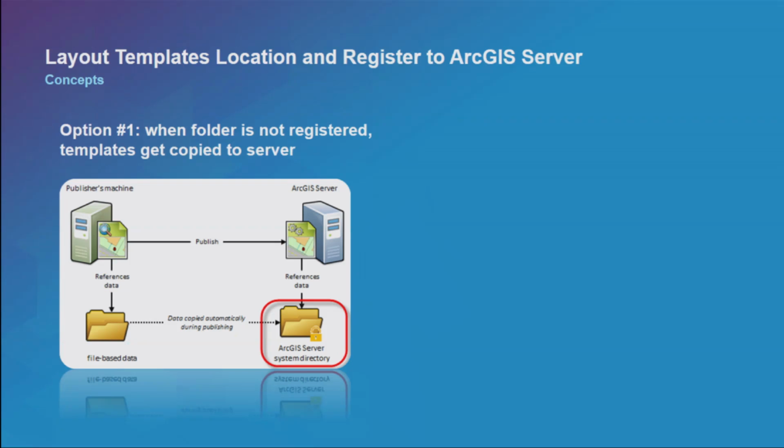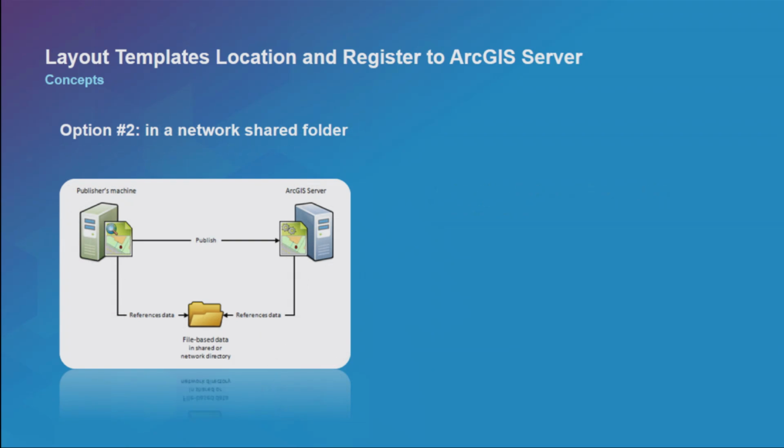Now, we'll get into the intricacies of folder registration when you publish a print service. So the number one option is you don't register the folder where these templates live. And when you publish, the templates get copied to the server. Updates to templates then require you to republish the service, which is kind of a pain.